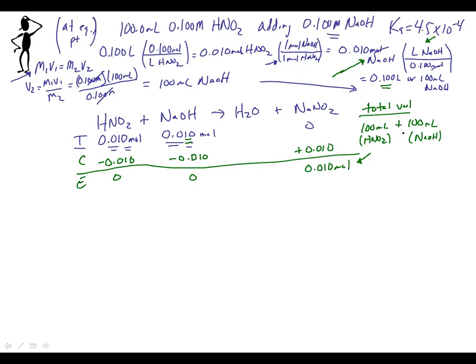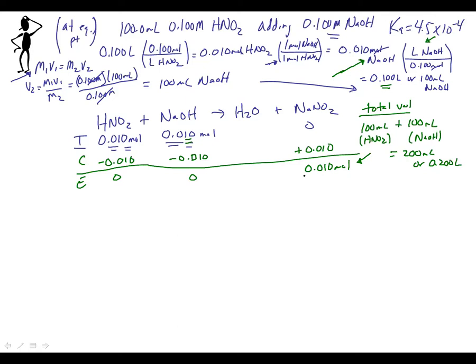By the way, an even shorter way to figure it out is if the acid and base have the same concentration and they're a 1-to-1 relationship, you need the same volume to reach the equivalence point. And in this case, we needed 100 milliliters to reach the equivalence point. That means our total volume is 200 milliliters, or 0.2 liters.